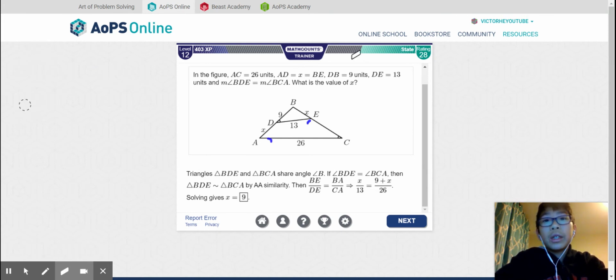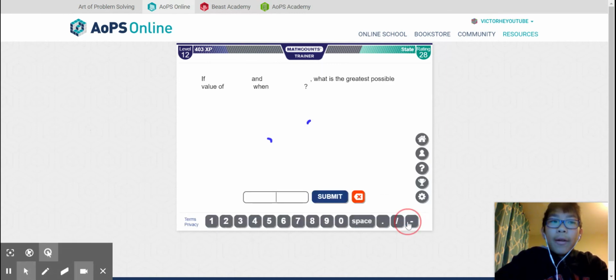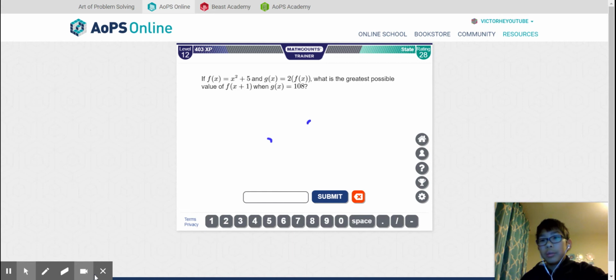That's nice. Okay, next problem. The problem says if fx equals x squared plus 5 and gx equals 2fx, what is the greatest possible value of fx plus 1 when gx equals 108?